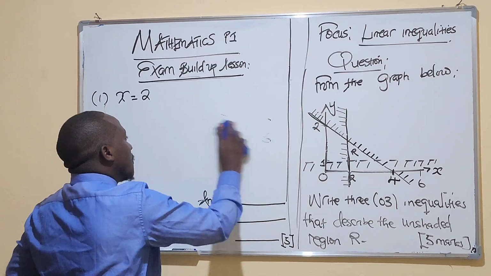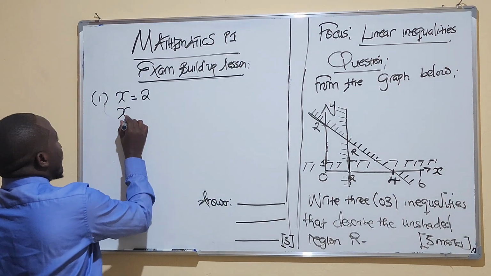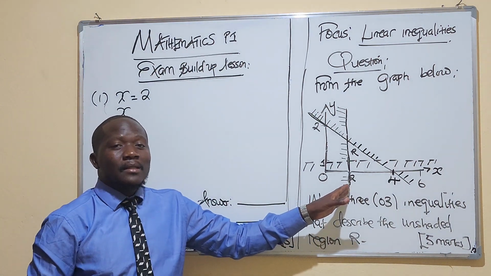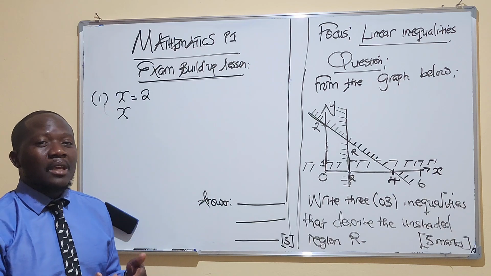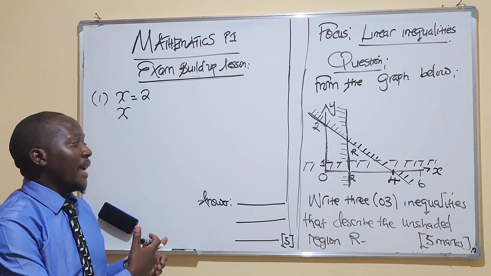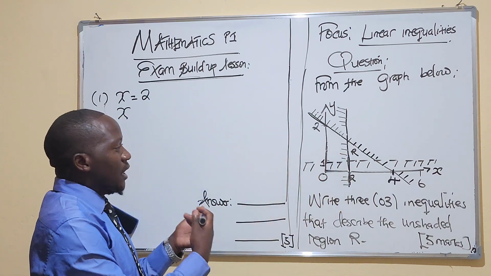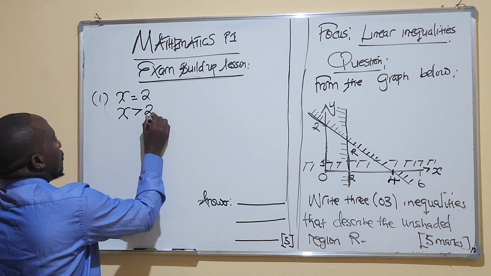Having said so, we now write x. The simplest way to do this is that in the x-axis, whichever side has been shaded, there will always be an inequality that faces the opposite side. In this instance, this is shaded to the left. Which inequality faces the left? It is greater than, and then we put 2.